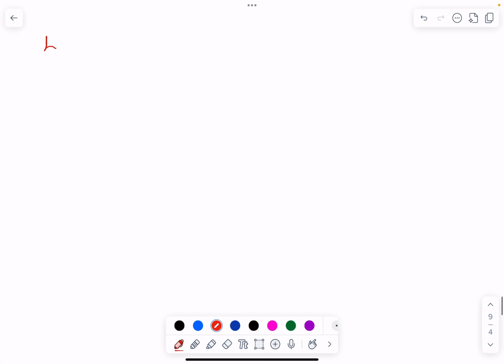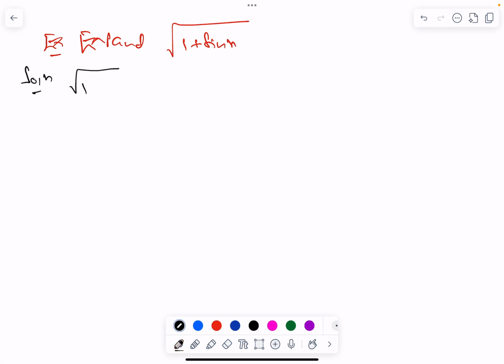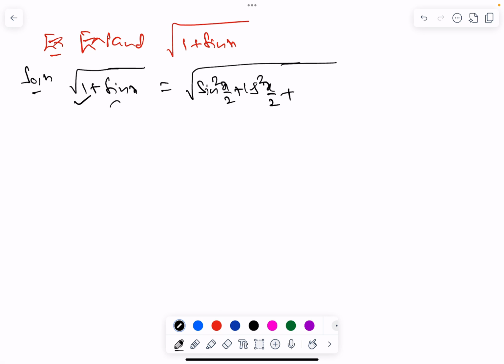Next, expand square root of 1 plus sin x. So here, root of 1 plus sin x, this we can write as 1 as sin square x by 2 plus cosine square x by 2, and sin x we can use the formula sin 2x is 2 sin x cosine x.